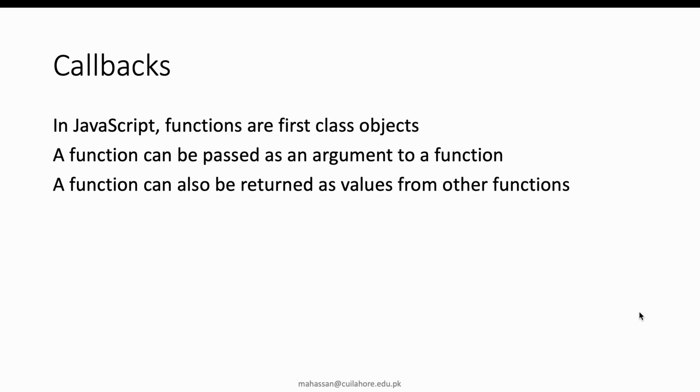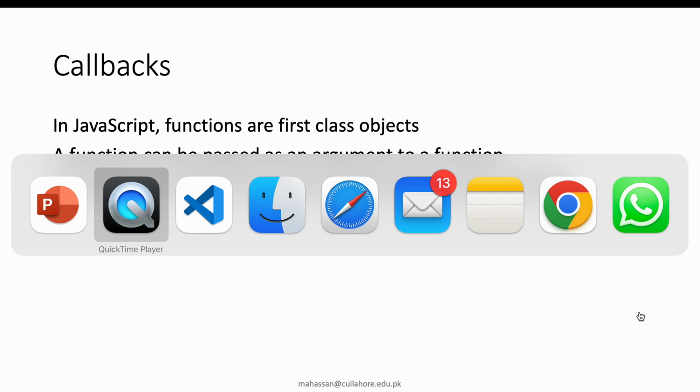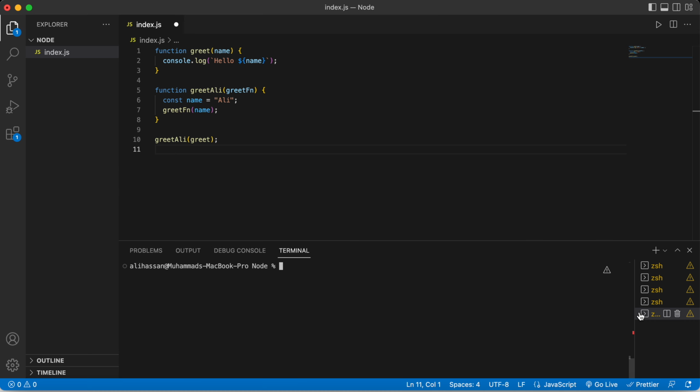To illustrate this, let's consider a simple example. In the index.js file of VS Code, we defined a function called greet that accepts a name parameter and logs hello followed by the name to the console. Then we defined another function called greet_ali.